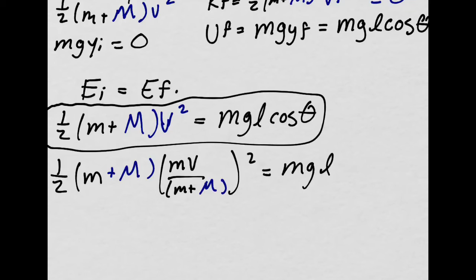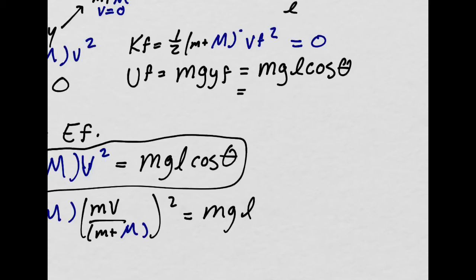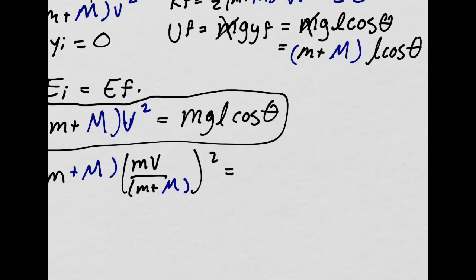Oops, this is not correct. This m isn't right. This is m plus blue M times gL cosine theta. So down here, this is equal to m plus blue M gL cosine theta.